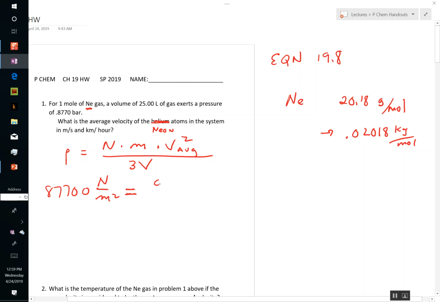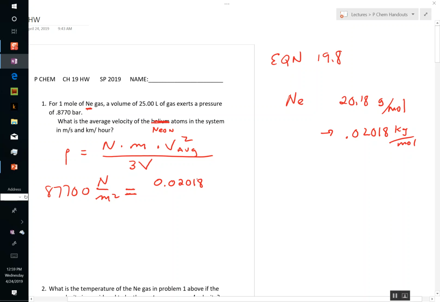These need to be in SI units. So you should convert the bars to newtons per meter squared. So we've got two n's in here. This is a newton, and that's Avogadro's number. So this times that is the molar mass.